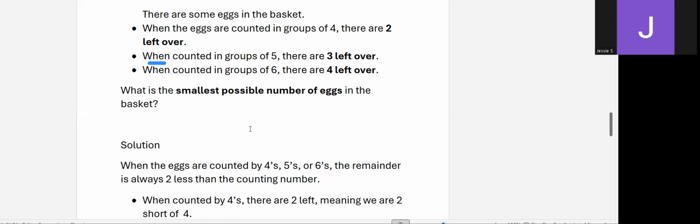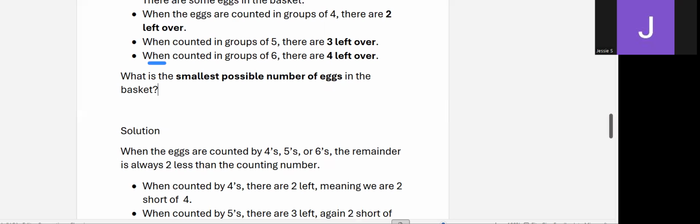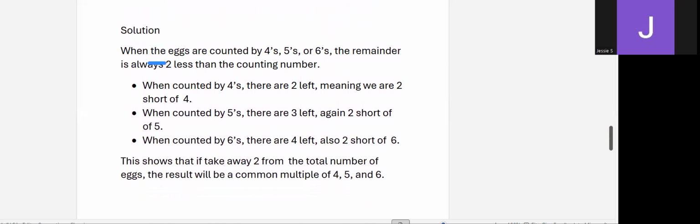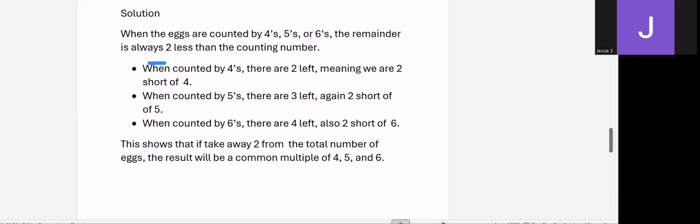Okay, but the number of eggs does not change. So the number of eggs is a multiple of 4, 5, and 6. A common multiple.